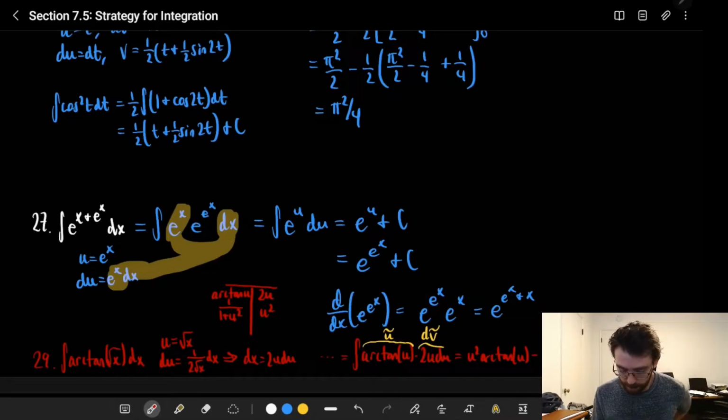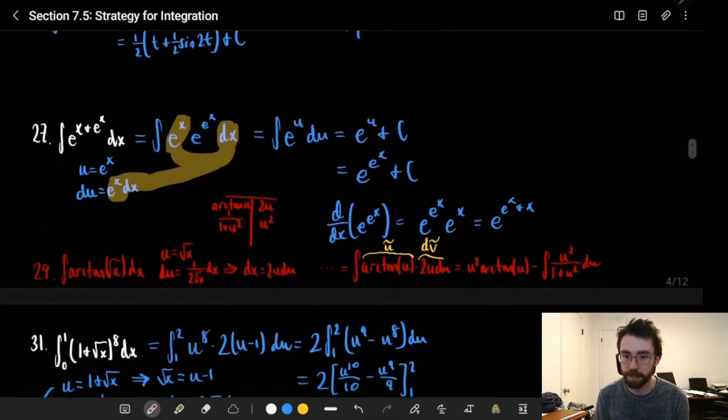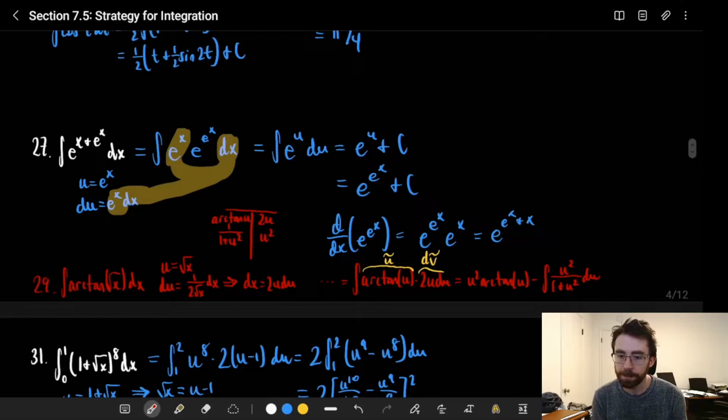So the integral of v, which is our u squared, du. So u squared times the derivative of arctan, which is 1 over 1 plus u squared.